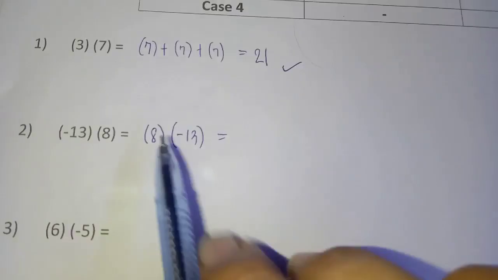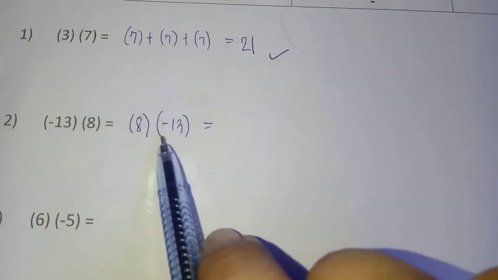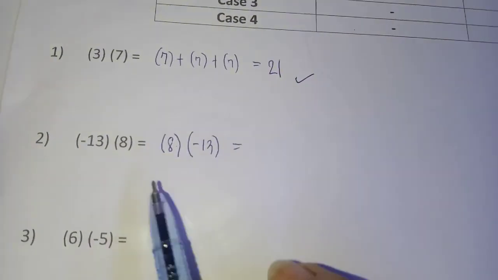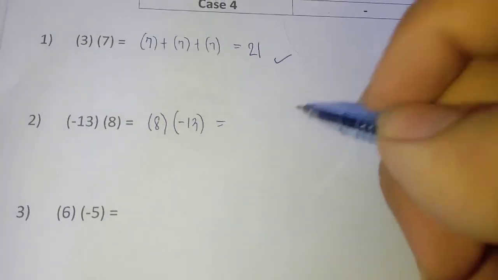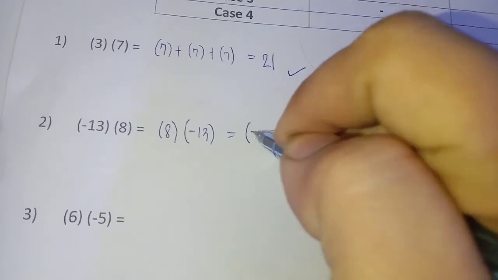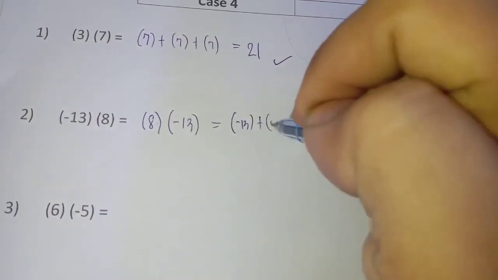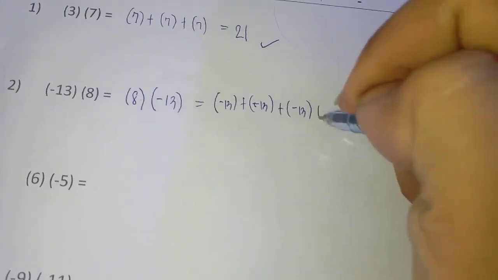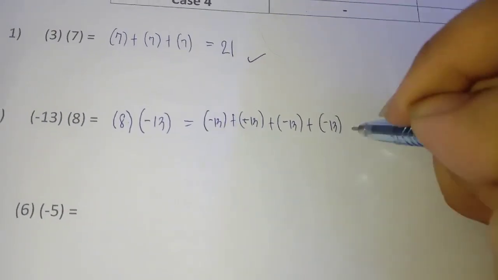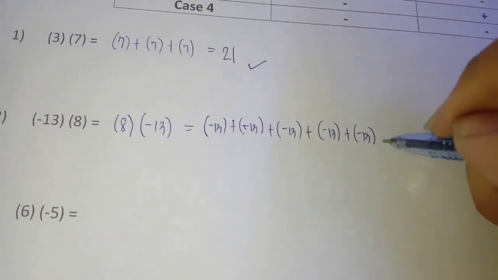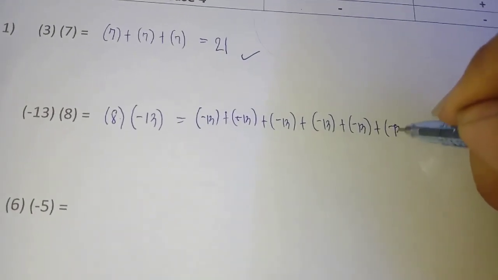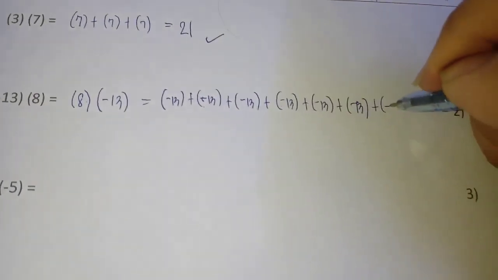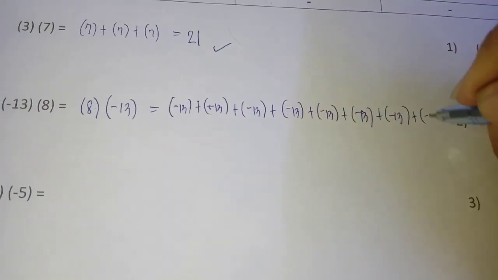Okay? So, pwede din natin tong i-rewrite as repeated addition. Sa mga nahihirapan again, when it comes to multiplication. 8 times negative 13 is also the same as negative 13 plus negative 13 plus negative 13 plus negative 13 plus negative 13 plus negative 13 plus negative 13 plus negative 13.